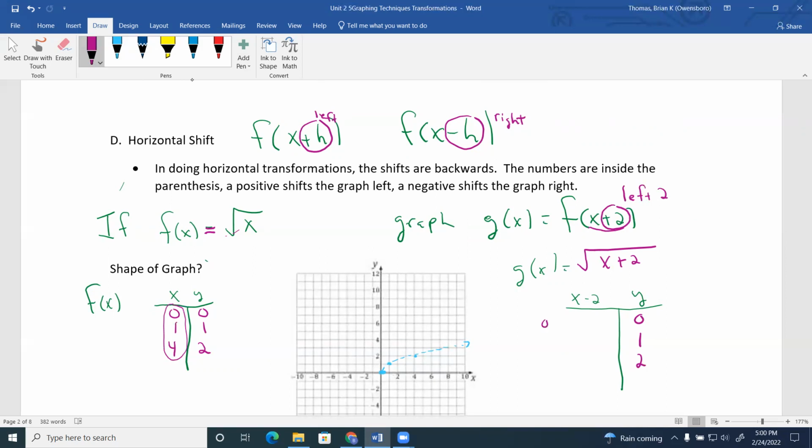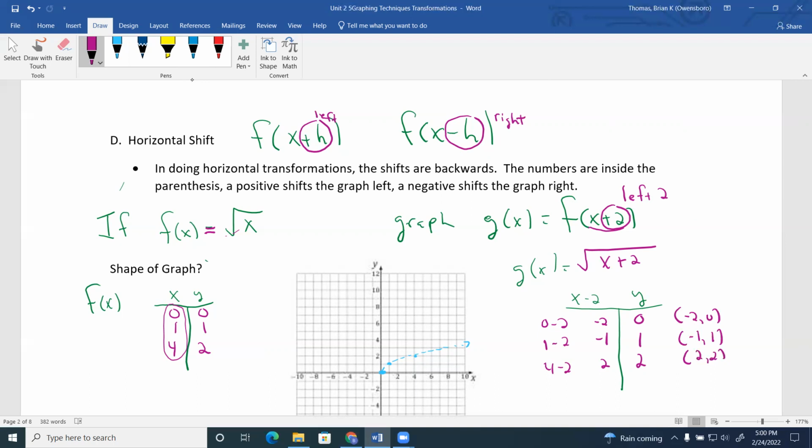So 0 minus 2 gives me negative 2. 1 minus 2 gives me negative 1. And 4 minus 2 gives me 2. So my new ordered pairs will be (-2, 0), (-1, 1), and (2, 2).